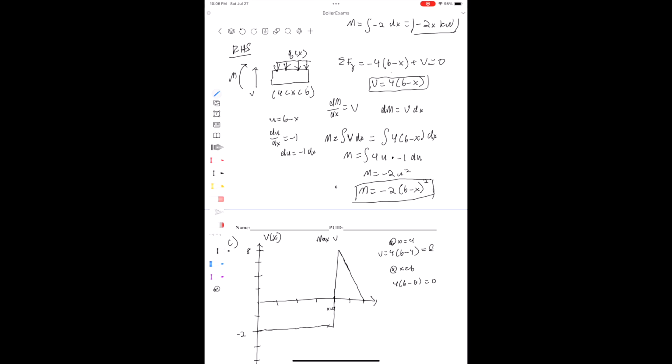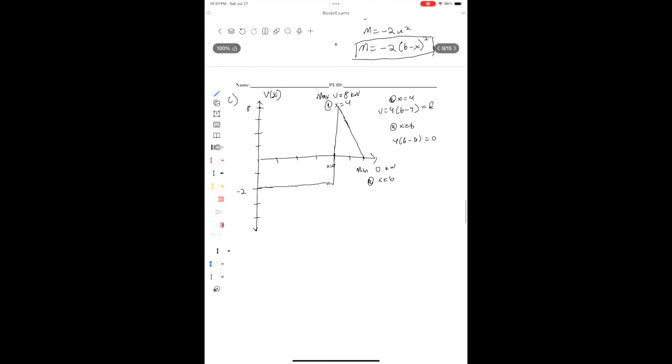It is the maximum numerical value, like the absolute value in this case. So we have our max, it's 8, and it occurs at x equals 4, and our min is 0, and it occurs at x equals 6.